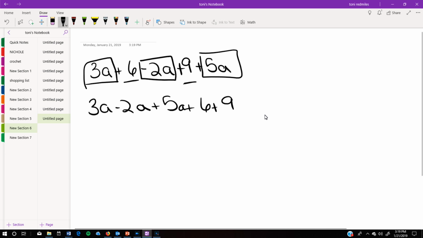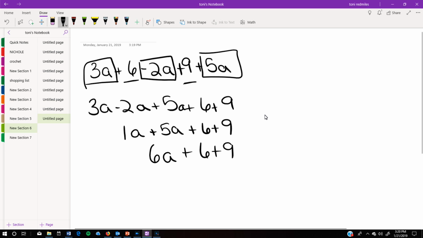So let's combine these terms. 3a minus 2a is 1a, because I just take 3 minus 2, and that's 1, and the a is along for the ride. 1a plus 5a is 6a, because 1 plus 5 is 6. There's nothing else like with the 6a, so I'm done with my a's, and I can do these two constant terms, the 6 and the 9, and when I add those together, I get a 15. Now bring down my 6a, and that is the furthest I can combine that.